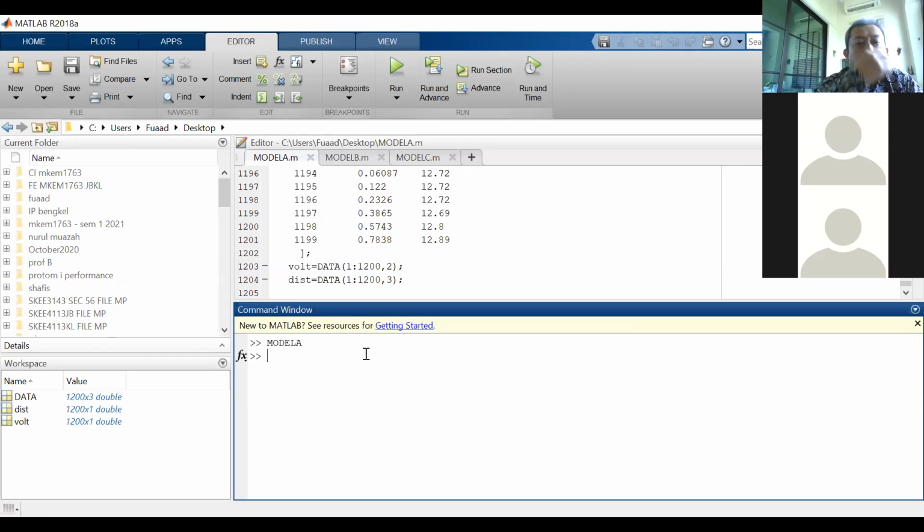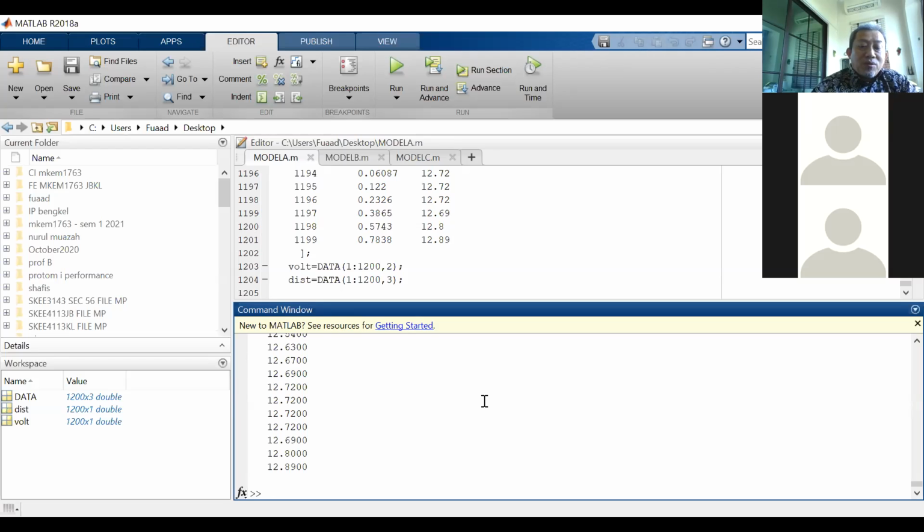Panggil VOLT. Kau panggil VOLT, dia baca dah. Macam mana nak panggil data output? Panggil DIST, distance. Okay, nampak? Macam tu.